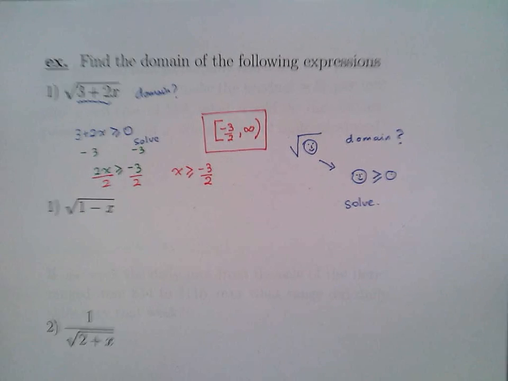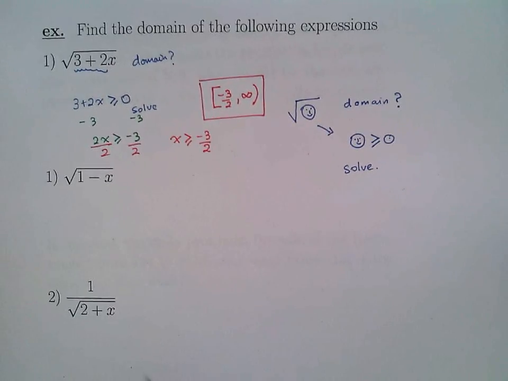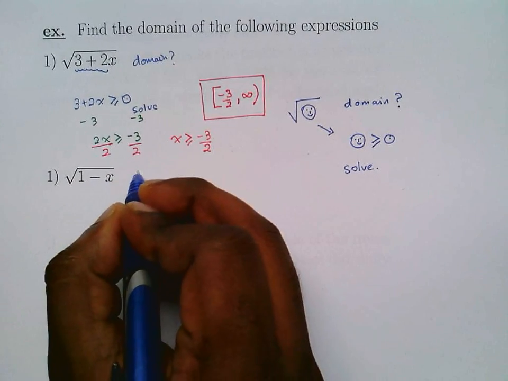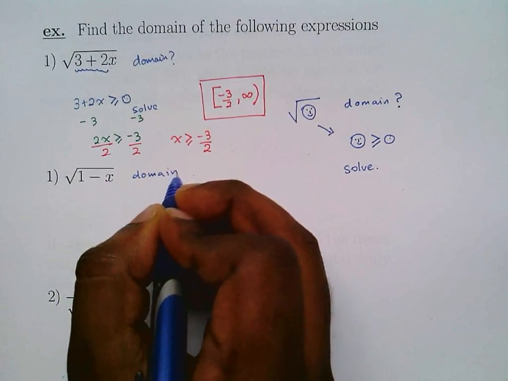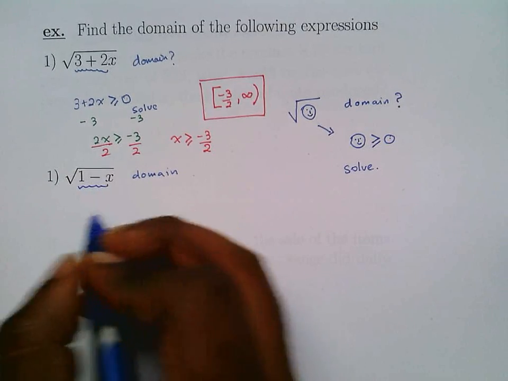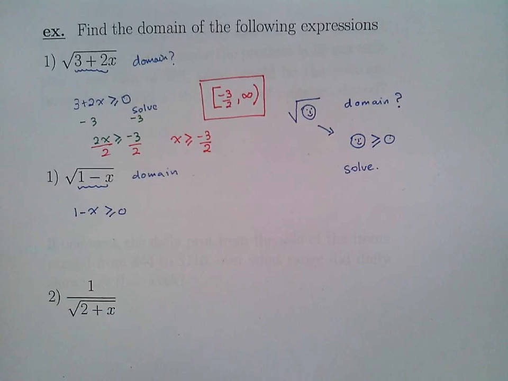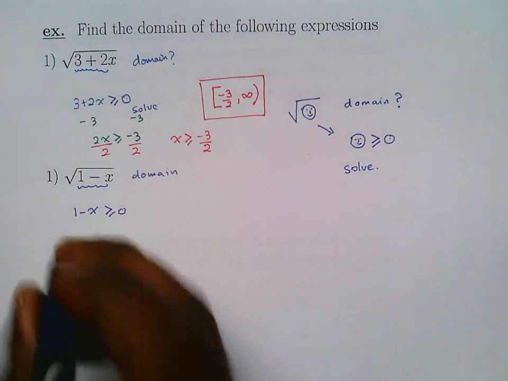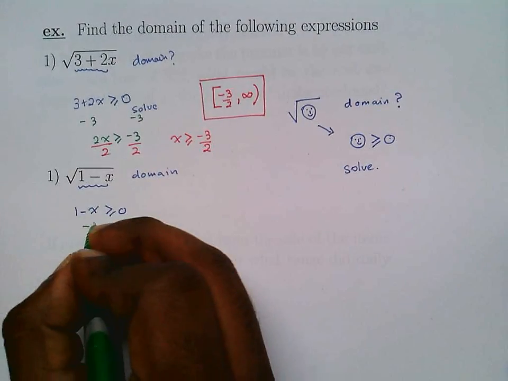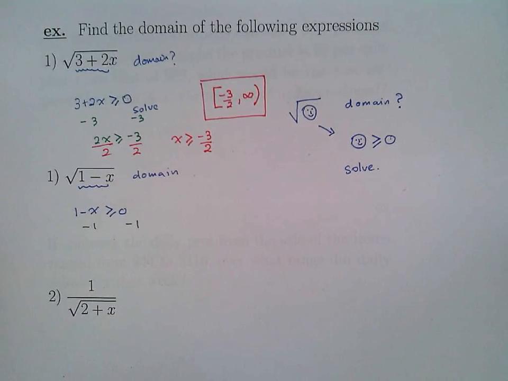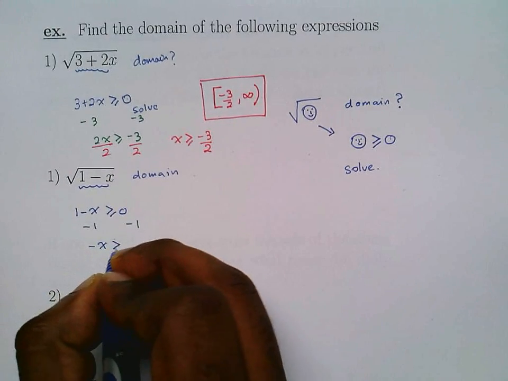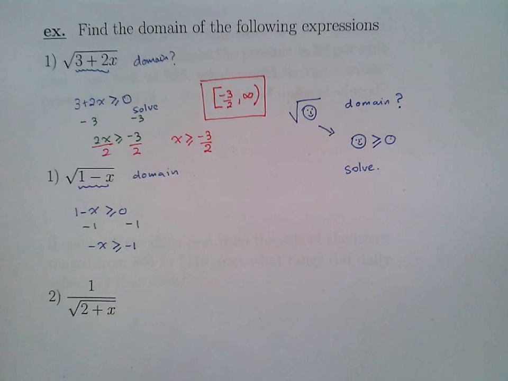Alright, so very similar in the second example, square root of 1 minus x. So the question is about the domain. So take the inside and set it greater than or equal to 0. So subtract 1 from both sides. So you get negative x greater than or equal to negative 1.